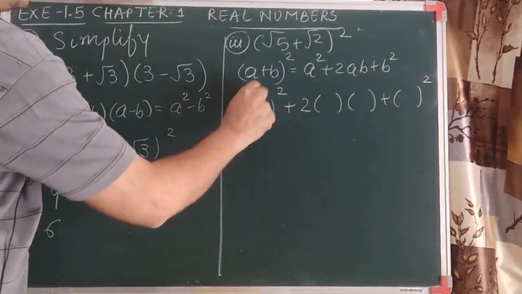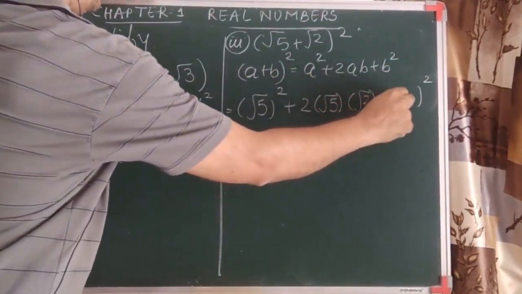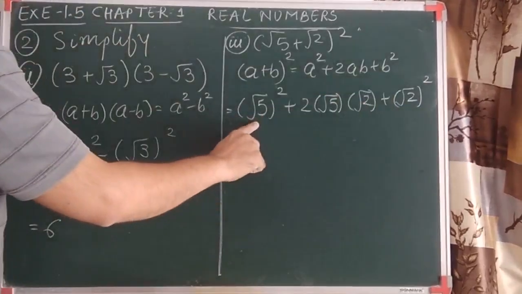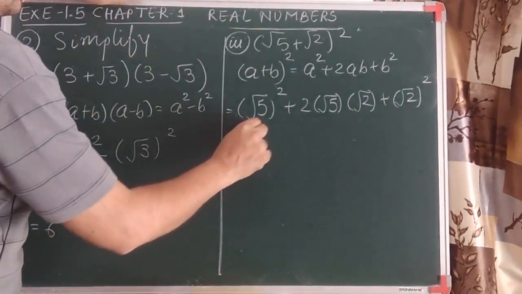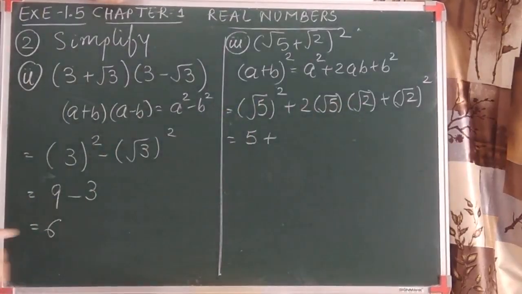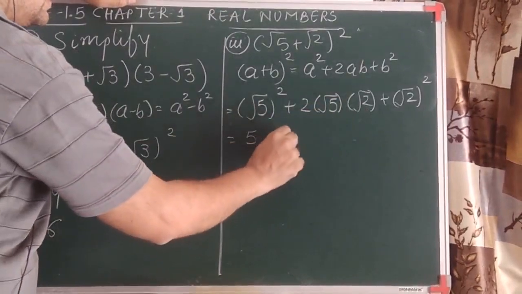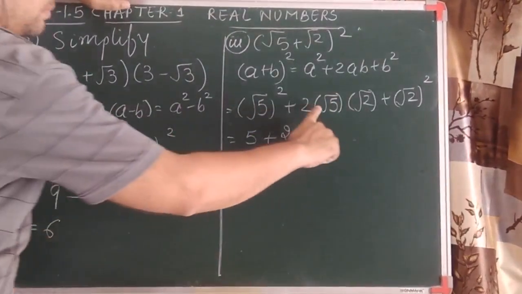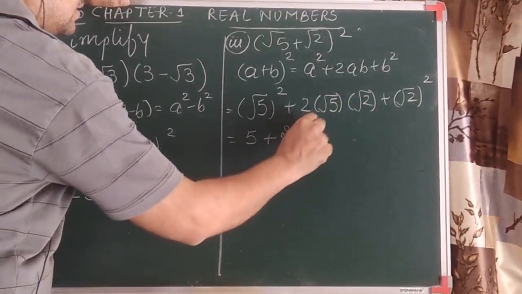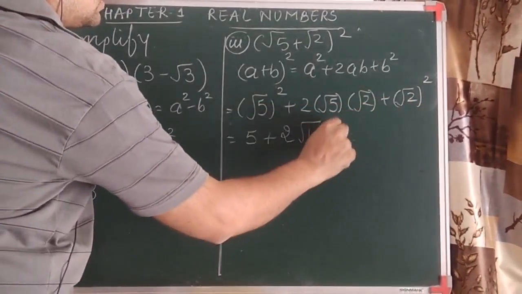The first term is root 5, this is root 5, root 2 and root 2. Square of any irrational root is the number itself, so it is 5. As these 3 are in the product, this is rational, irrational, irrational. So rational can never multiply with irrational, but irrational with irrational is possible to product. 5 2s are 10. Square of root 2 is 2.